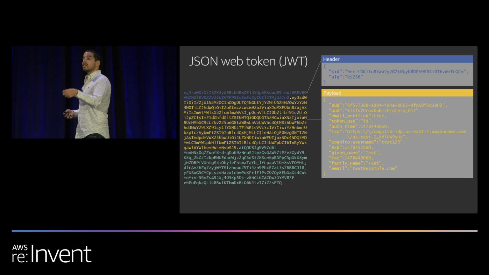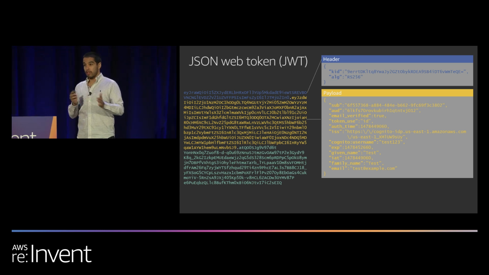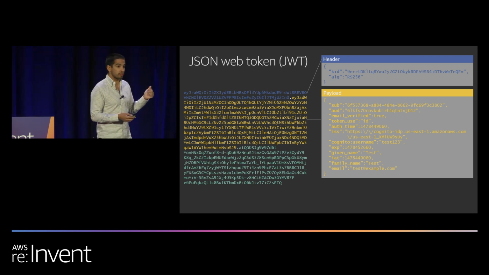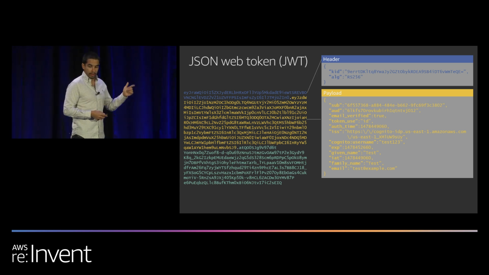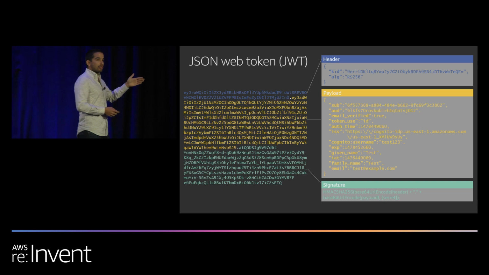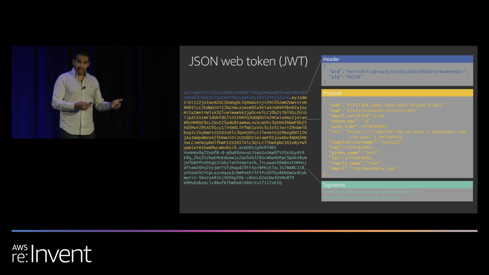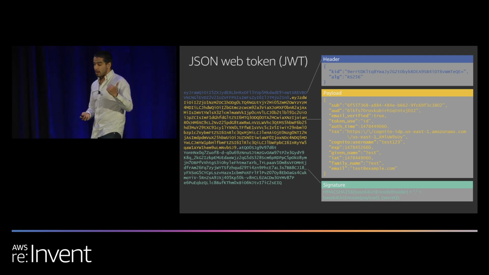Once you configure a Cognito custom attribute, that attribute is going to flow through with the tokens for every user that authenticates against Cognito. So this is very useful for your downstream development to get context from the user. And finally, there's the signature. The signature is only there to validate that the token is valid and that it comes from the source that it claims it comes from, in this case, Amazon Cognito.